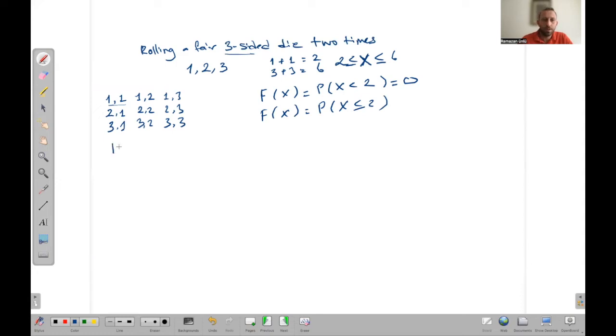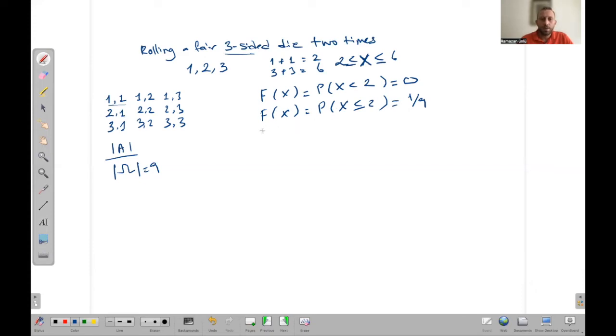Remember, it is the number of elements in the subset over the number of elements in the sample space. I have 9 subsets in my sample space. So the probability will be 1 over 9, right? Because I have only one subset here.